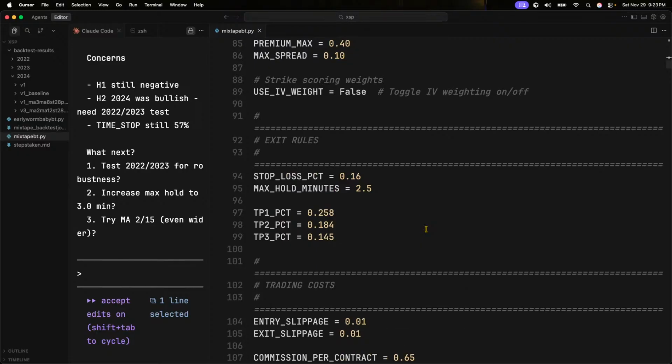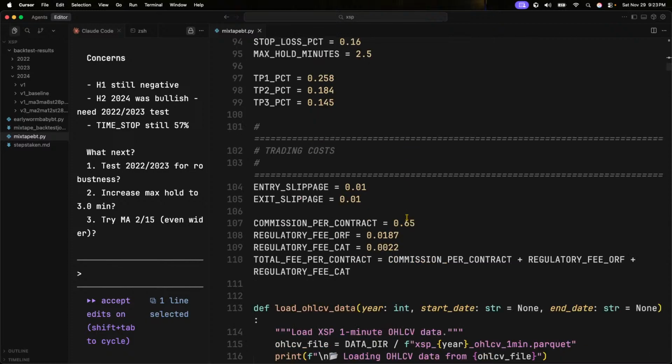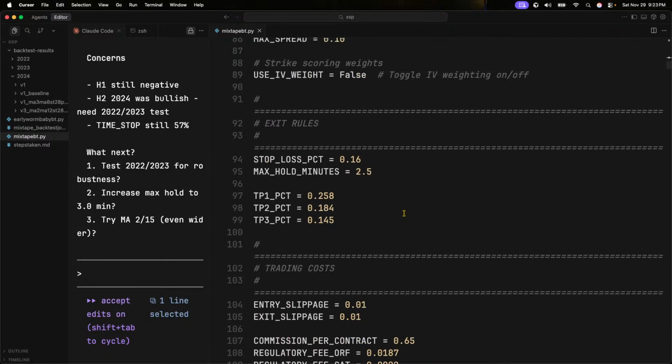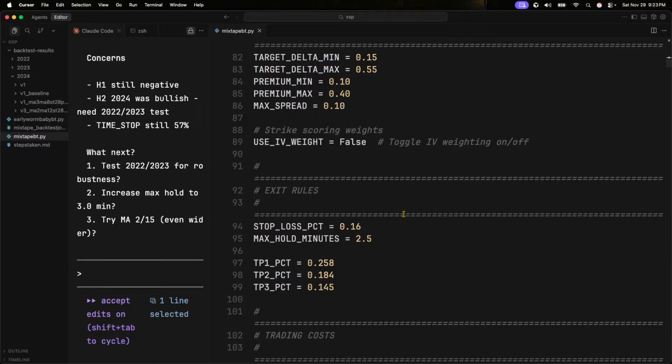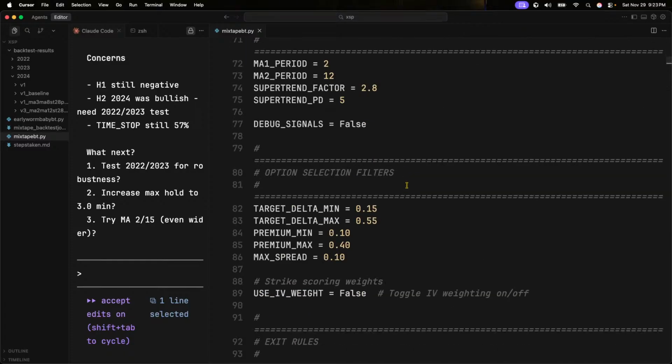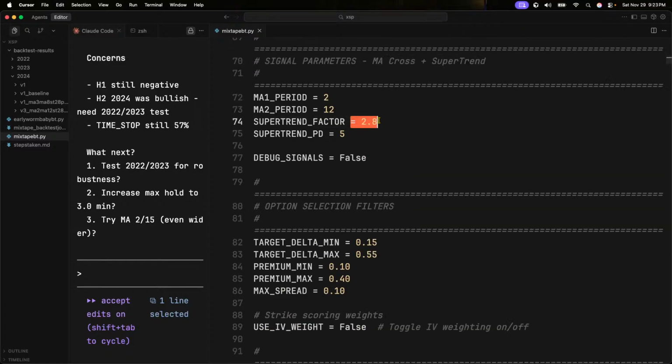Because I want to see what's the correlation, what happened. You know what I want to do? I want to drop the super trend factor from 2.8 to 2.2, and then I'm also going to increase the premium from 0.4 to 0.5. All right, so let's see how that works.